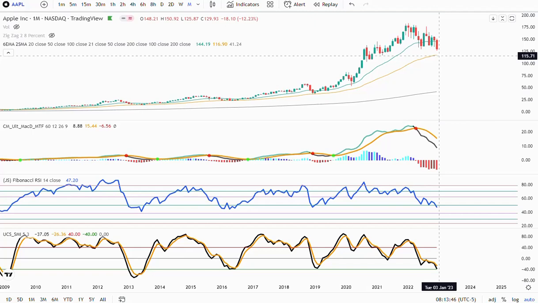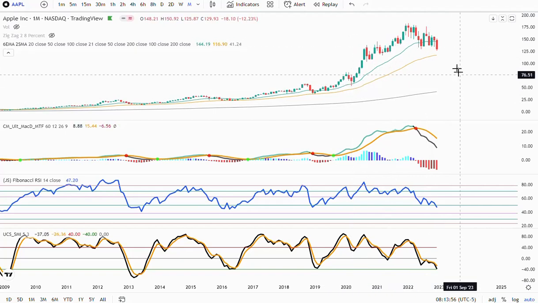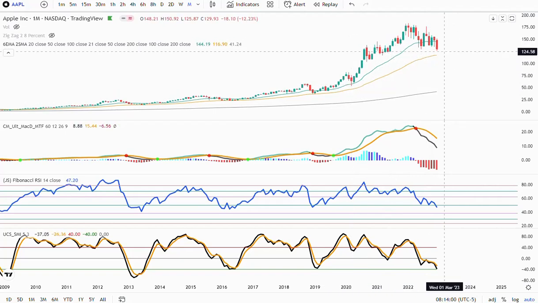This is not to say that it can't fall below the monthly 50. If it falls below the monthly 50, the next area would be the 61.8 fib retracement from the COVID low, which is around 103. So based on those two levels, 103 and 117, 118, it looks like the correction is not deep enough.